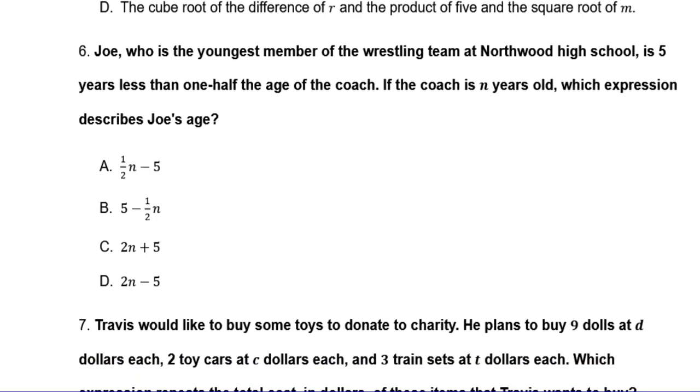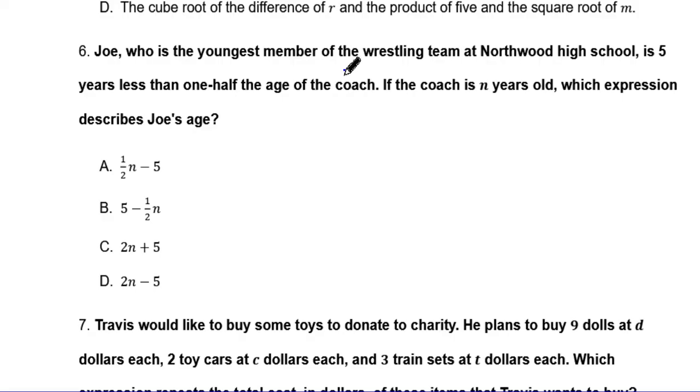All right, here's a word problem that we have to put into an expression. Joe, who is the youngest member of the wrestling team at Northwood High School, is 5 years less than half the age of the coach. If the coach is n years old, which expression describes Joe's age?